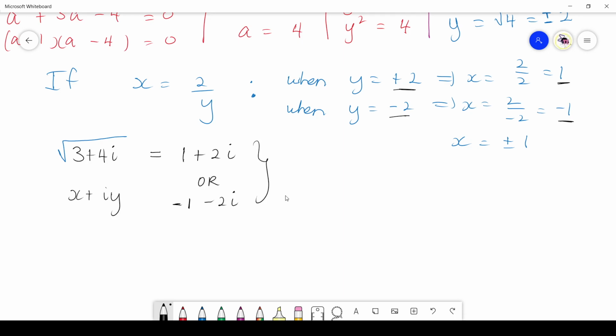Now, some students like to write it as follows. You can have a value of positive 1 with the plus 2i, so the positive goes with the positive, and the negative goes with the negative. So you can write it like that if you want.